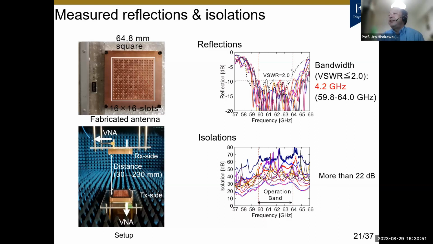VSWR is less than 2 for 4 gigahertz band, 7% bandwidth. And the right bottom figure shows the frequency dependence of the isolation. Over the 7% bandwidth, the isolation level is more than 22 dB.